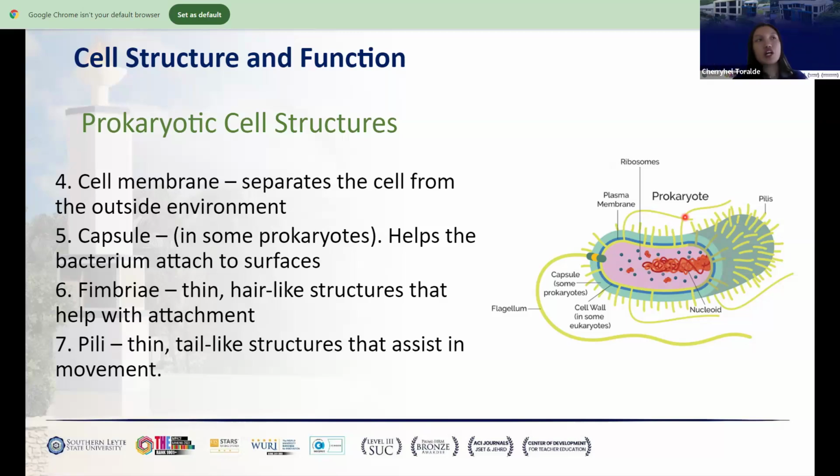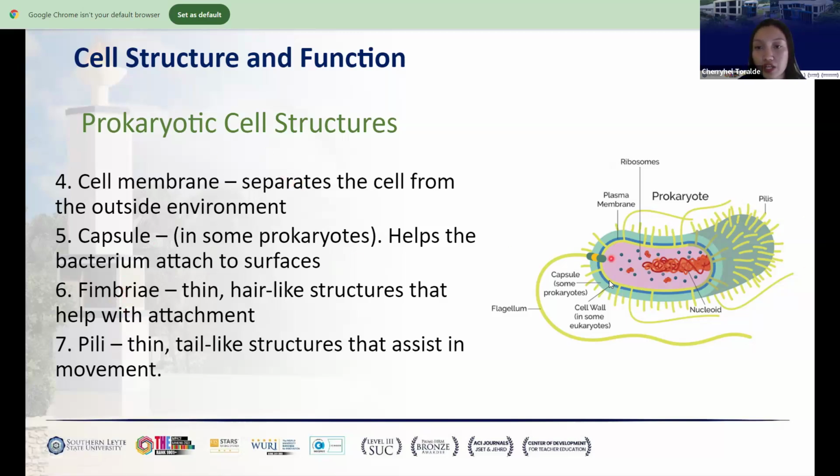And then after the capsule is the cell wall for protection and structure. And then after the cell wall comes your cell membrane. And then the space inside is the cytoplasm. Okay. So just like any other cell, the function of the cell membrane is to regulate the entry and exit of molecules in and out of the cell.